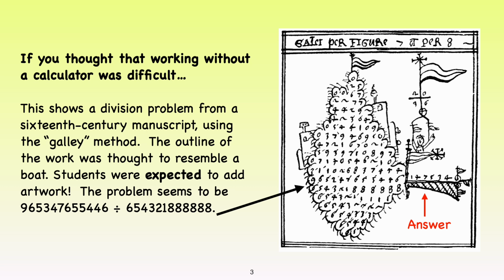The problem seems to be that very long number divided by that next very long number. The answer is on the rudder to the right. I think if you want to really know how to do galley long division, you should probably go do a web search for a video.